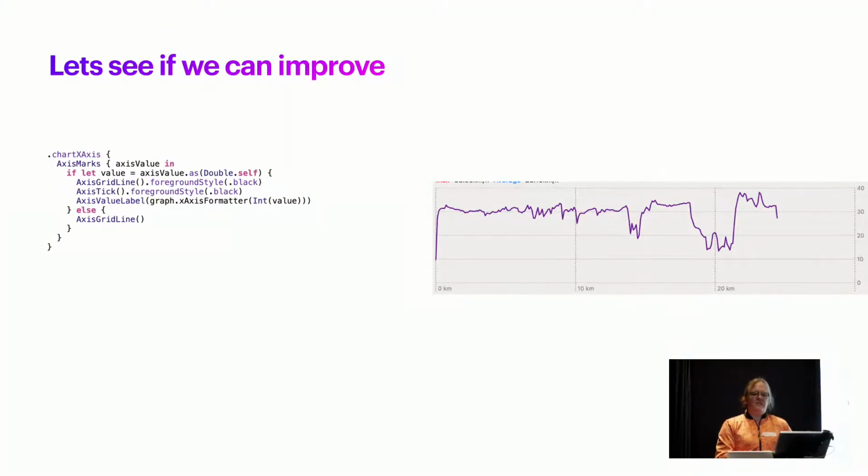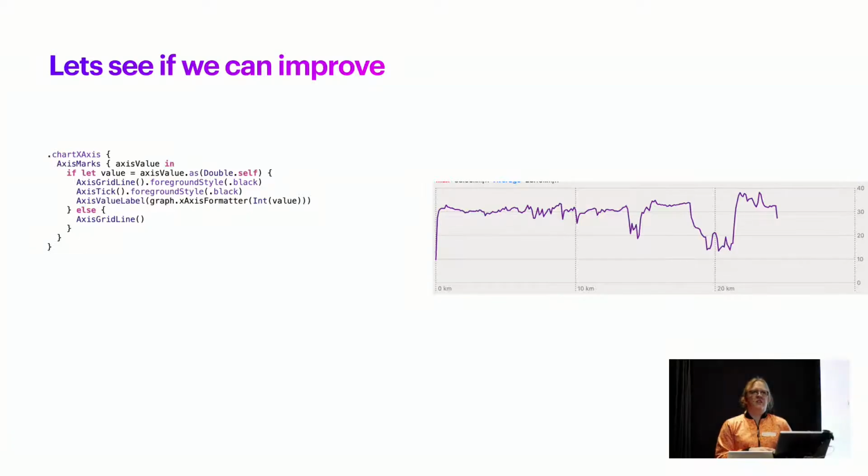Apple gives us these x-axis and y-axis marks, which you can present. So if you've got a value there, you then go, okay, draw a grid line. You can put a tick there, which is your vertical line going up, and you can also provide an appropriate label for it.